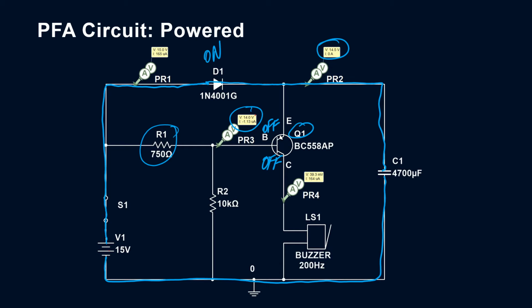Now, one thing to note is that if you make R1 too large, the voltage here at the base will actually drop too far, and even under power, it will turn this transistor on and the buzzer will sound.